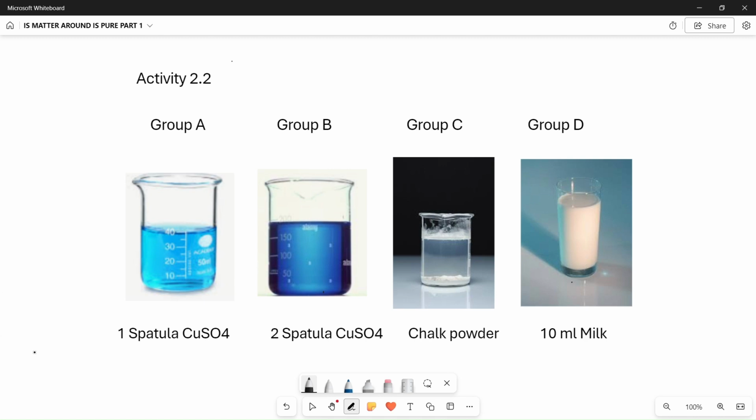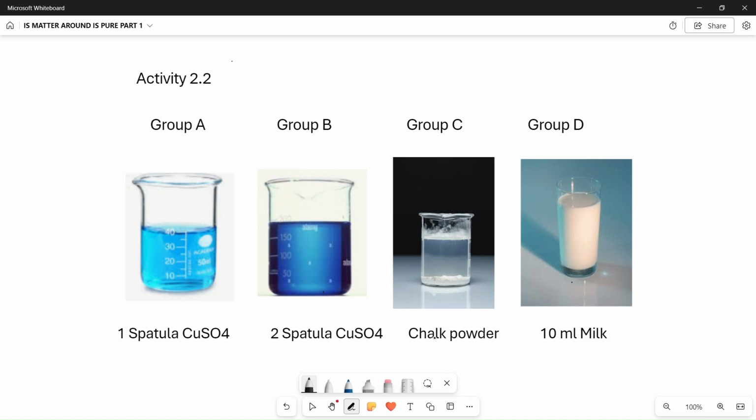Okay, so when you observe, the 1 spatula of copper sulfate crystals will dissolve very easily and you will get a clear solution, as well as the 2 spatulas of copper sulfate crystals will also dissolve. In all beakers you have to use the glass rod to mix the contents.